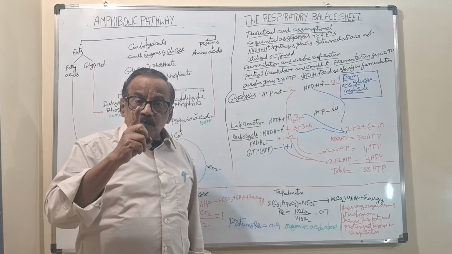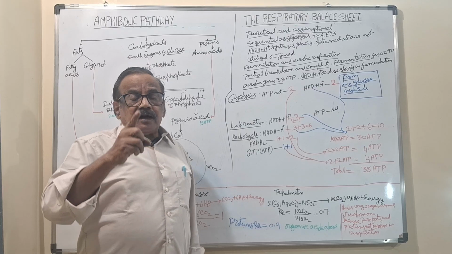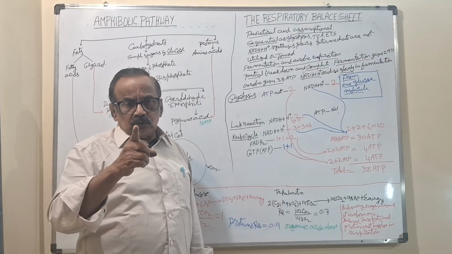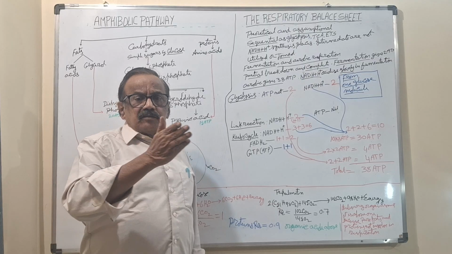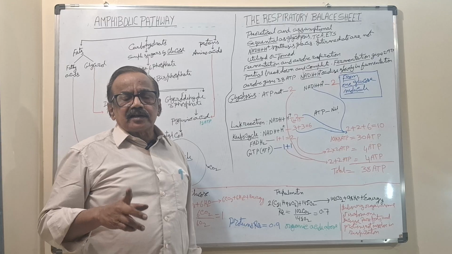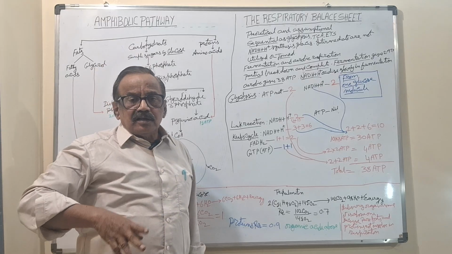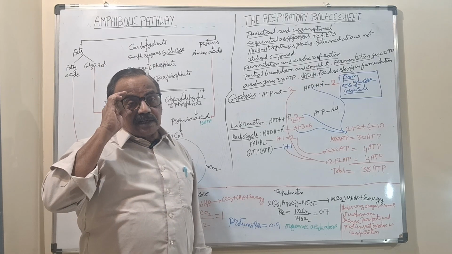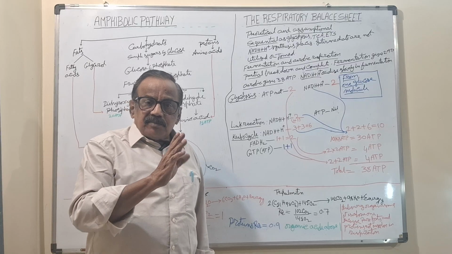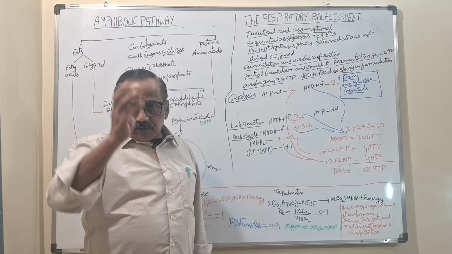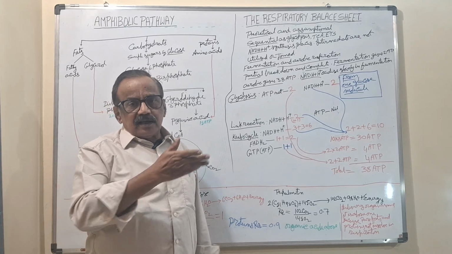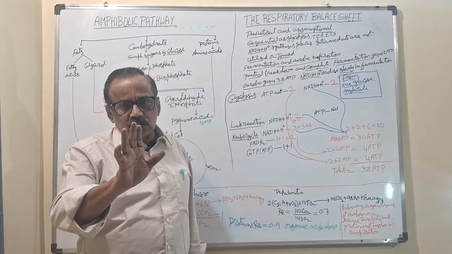And one more thing you must remember here: all the 4 ATP molecules are produced through substrate level phosphorylation. This is a most important question. He mentioned substrate level phosphorylation first in the Krebs cycle in the textbook, but it applies to glycolysis also.